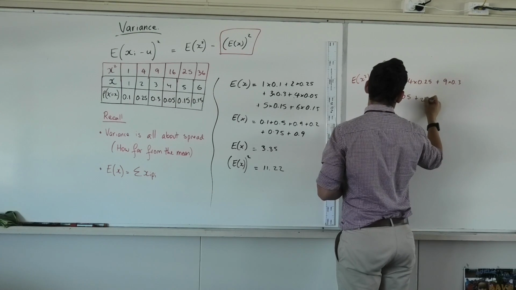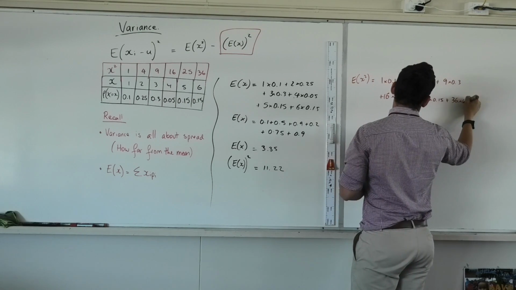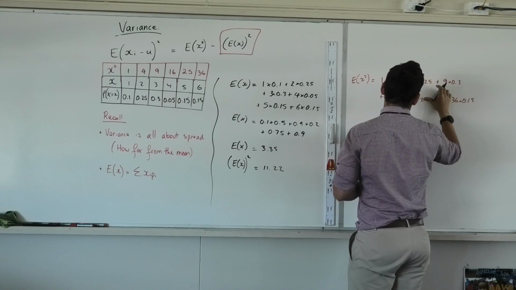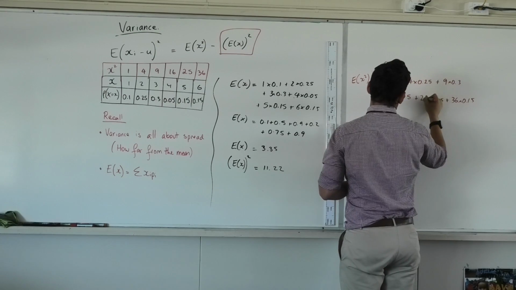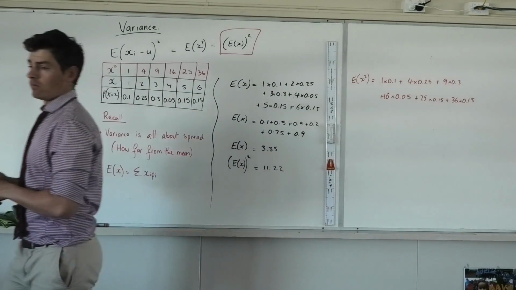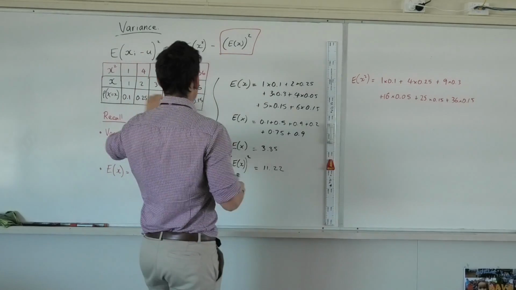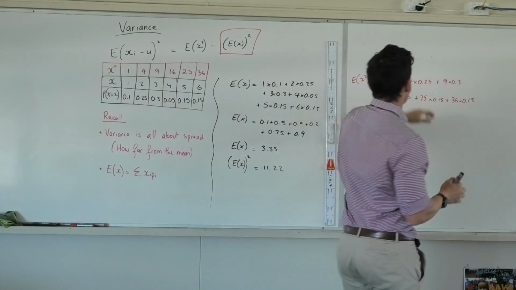Nope, it's 25 times 0.15 plus 36. Are we happy with that or not? Does what I've done make sense? All I've done here is just, instead of the x values, I've now got my x squared values.